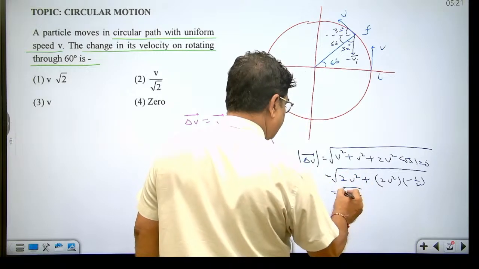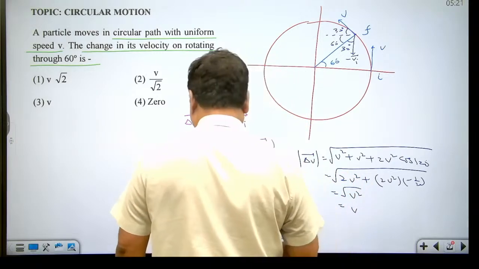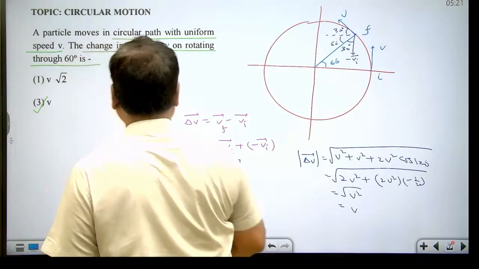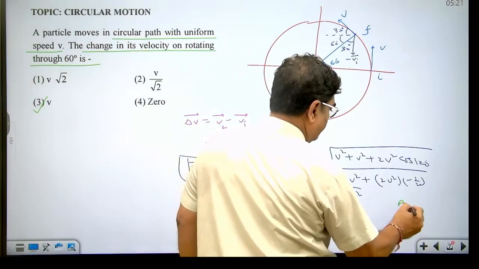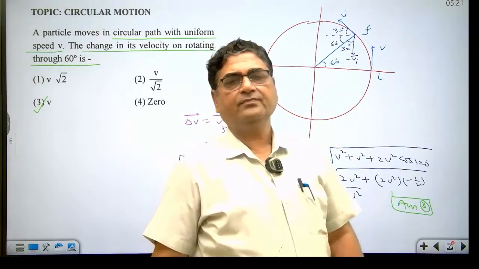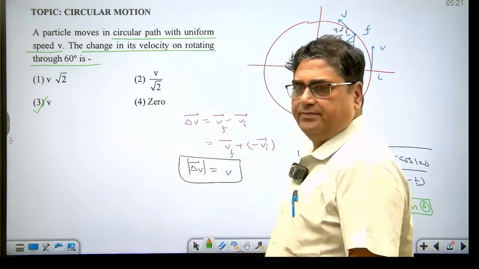This will give us v square, so the change in velocity is v. Okay. So out of 4 choices, the correct choice is option 3.